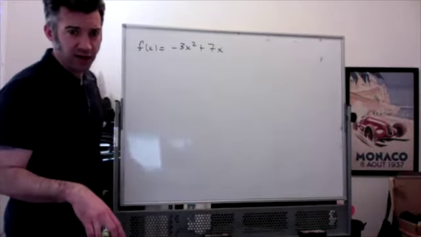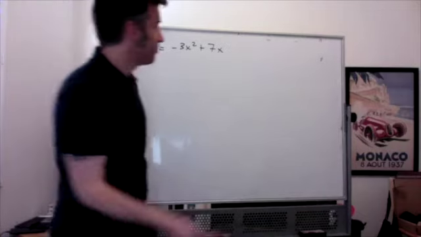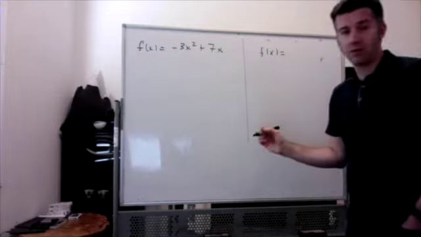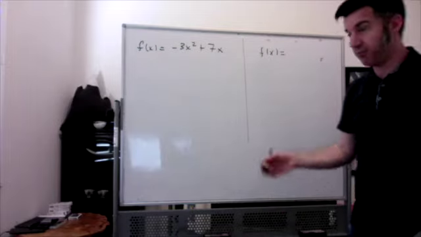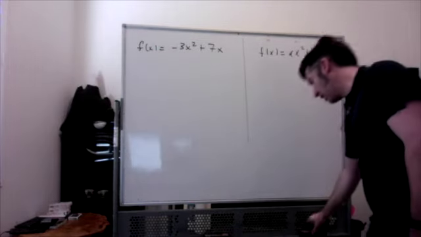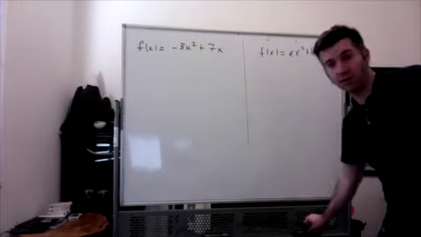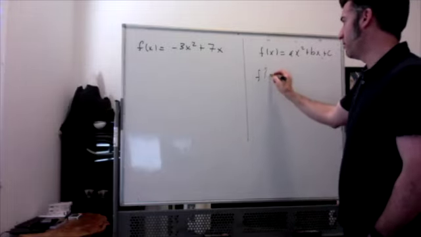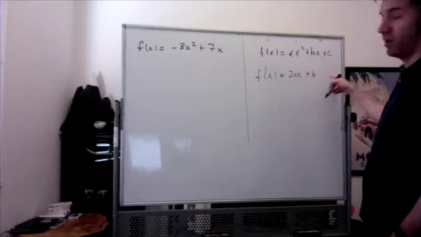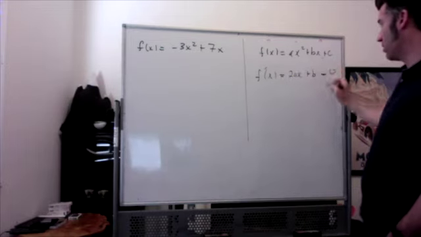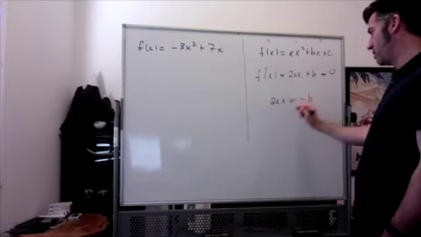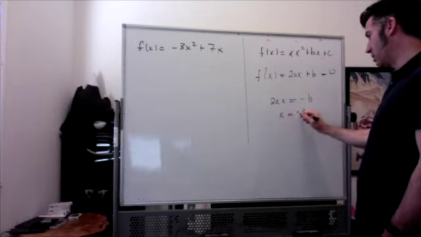Also, by the way, in case you hadn't made this connection already, if my function was some general parabola, like ax squared plus bx plus c, and I wanted to find the critical values, I would take the derivative, which is 2ax plus b plus 0, set it equal to 0, and solve for x. 2ax equals negative b, x equals negative b over 2a.